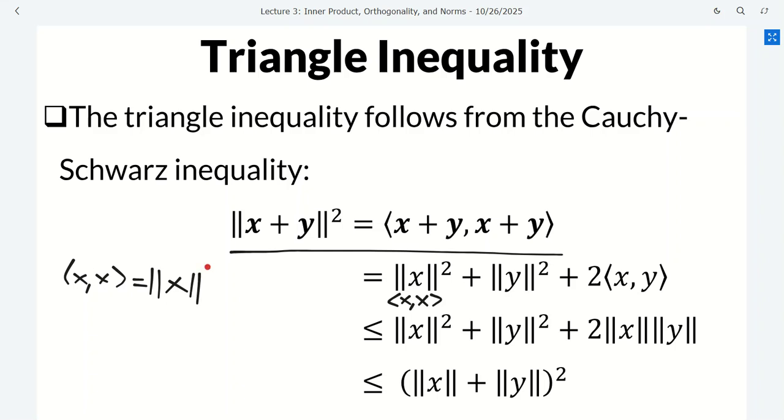We can also do the same thing for this, which is y. And it's the same thing over here, which is y. The inner product itself can also be written like this.